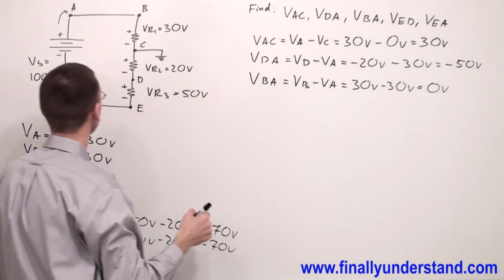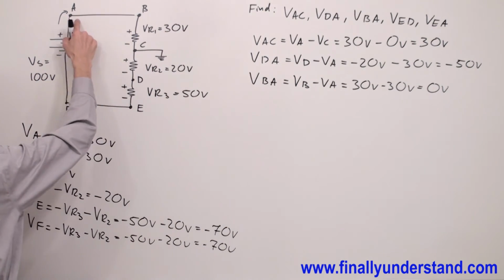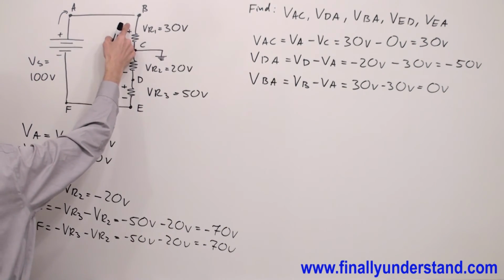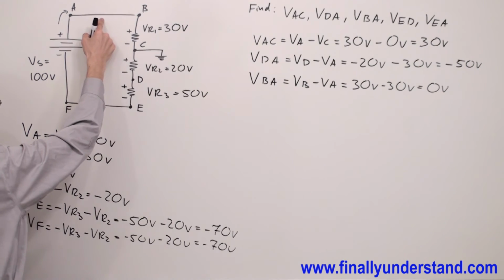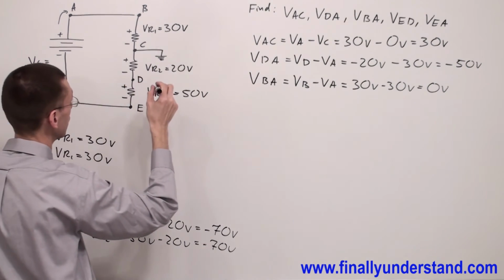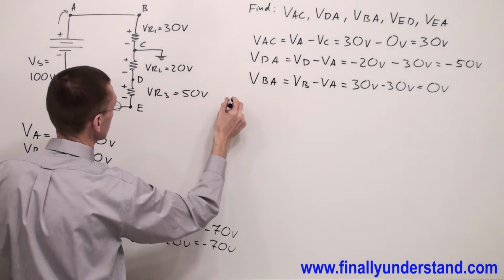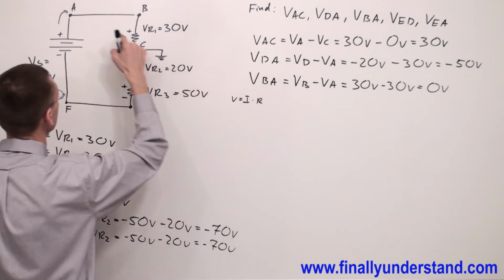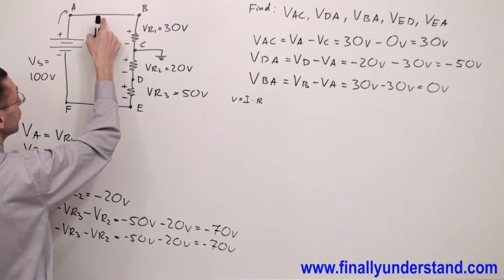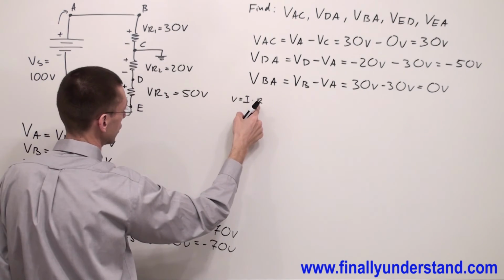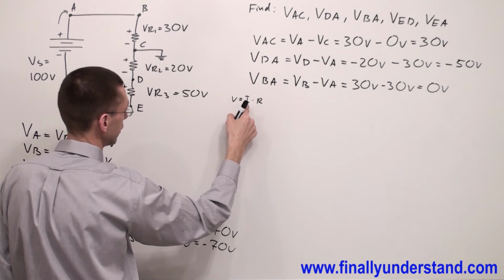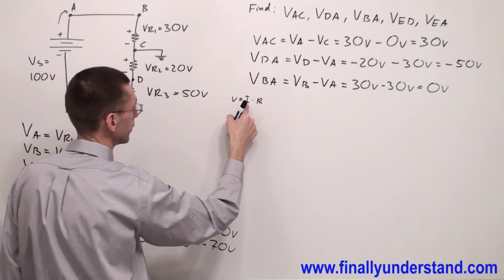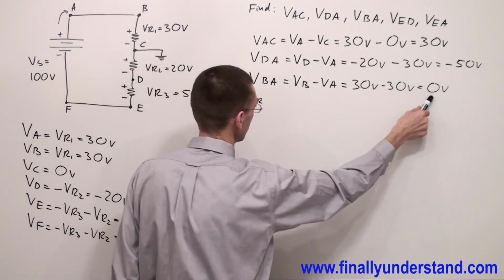The voltage between these two points is equal to 0. It makes sense because we have no resistance. Remember, the formula says voltage equals current times resistance. But if there is no resistance, resistance is 0, and 0 times anything gives me 0. That's why my answer makes sense.